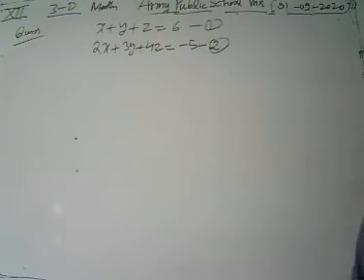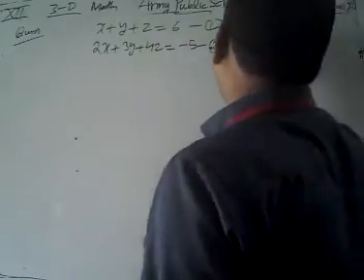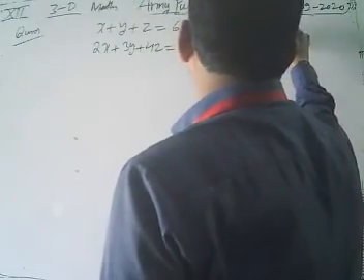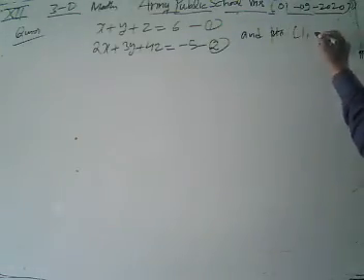Now what is our task? We have to find the Cartesian form equation of the plane which passes through the intersection of the planes x plus y plus z equal to 6 and 2x plus 3y plus 4z equal to minus 5, and the point is also given there, the point 1, 1, 1.